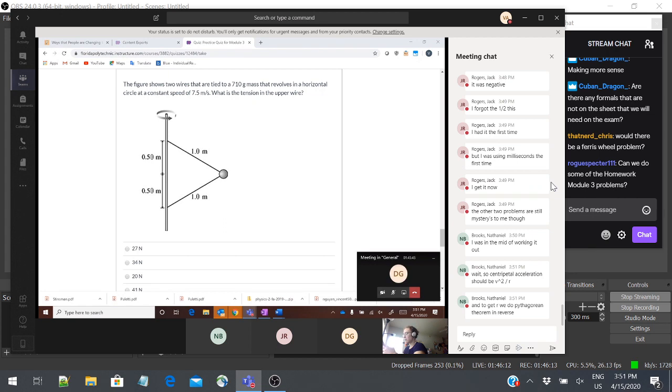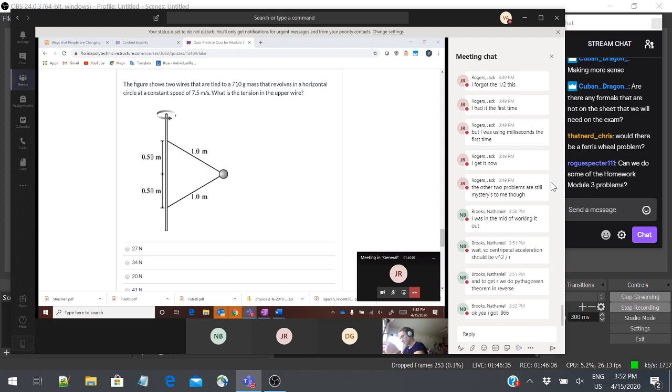So then it would be 7.5 squared over r. It's really fast. Okay, so what do you got for your centripetal acceleration?